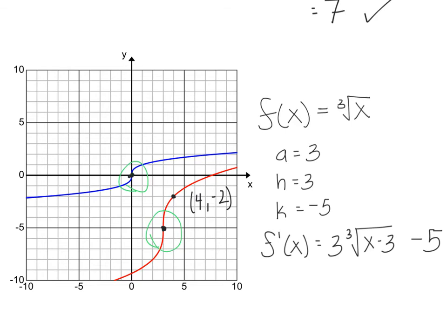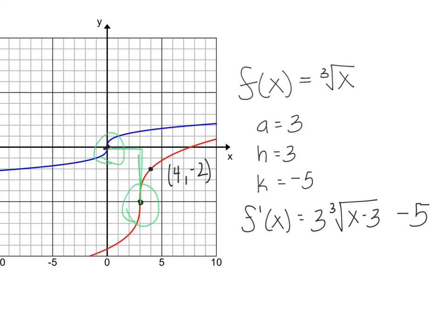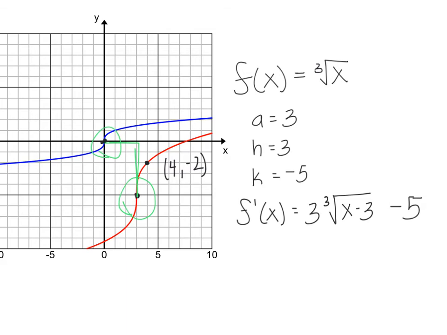So it went to the right 3 and went down 5. So right means positive 3 and down means negative 5. After you have that, then you plug it into your equation, my cube root. So a is 3, that goes in front of the cube root. Then it's x minus 3, and then minus 5 is at the end.